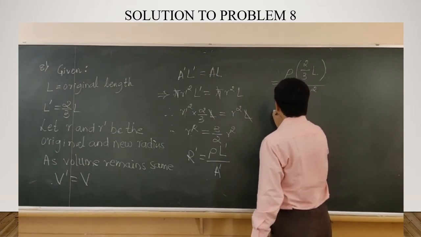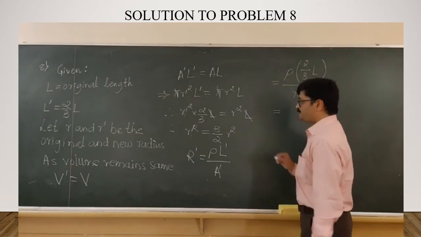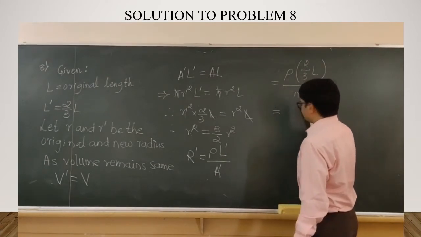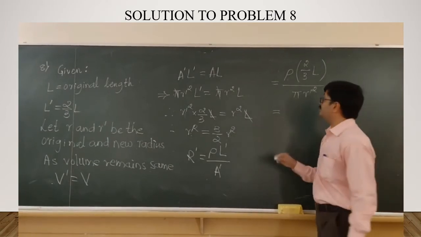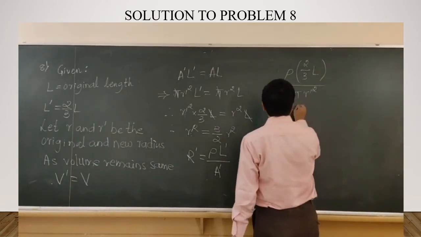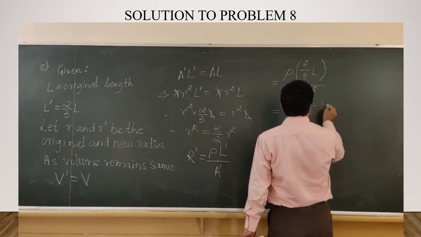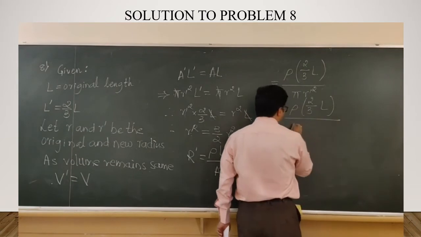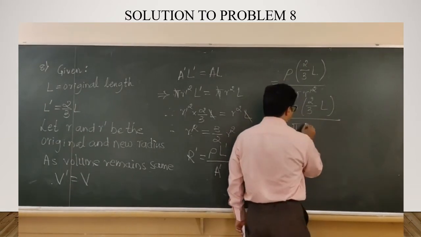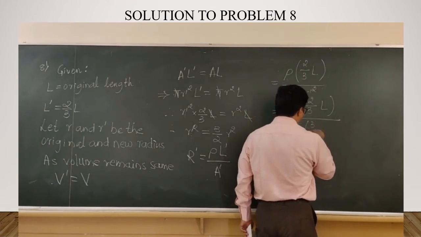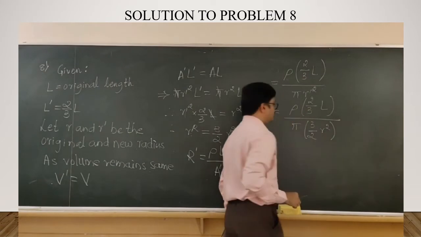But R dash square is nothing but 3 by 2 times of R square. So let us substitute that also. Rho into 2 by 3 times of L divided by pi into 3 by 2 times of R square.